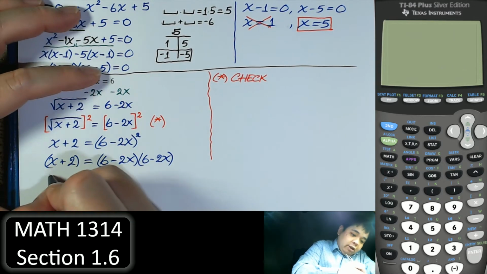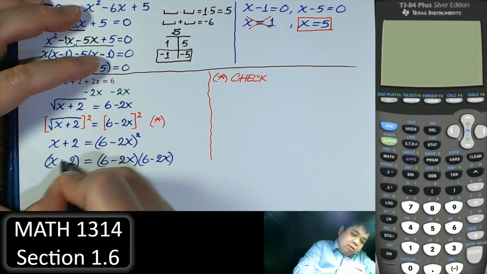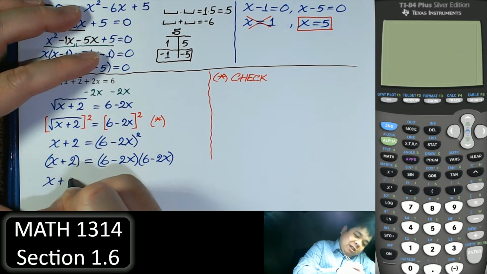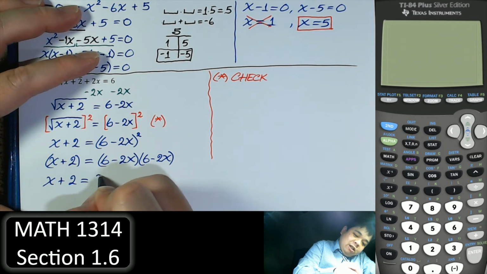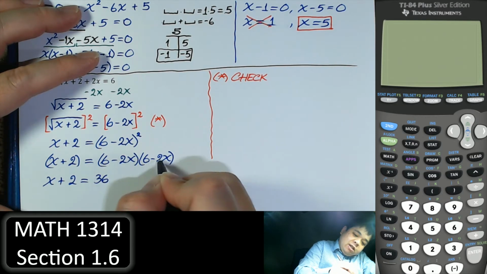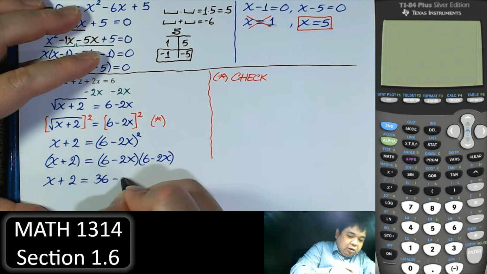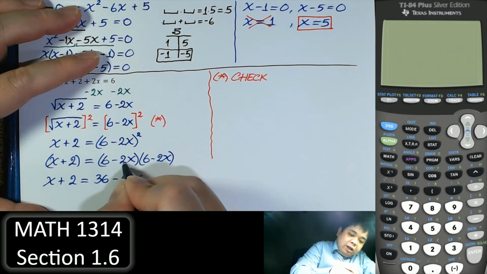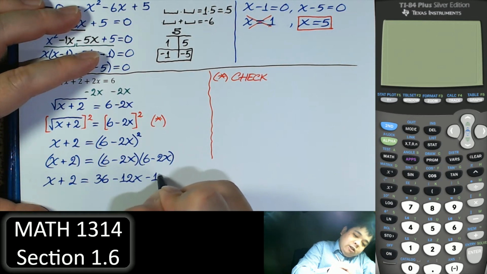So we have just x plus 2. 6 times 6, 36. 6 times minus 2x, minus 12x. And minus 12x plus 4x squared.